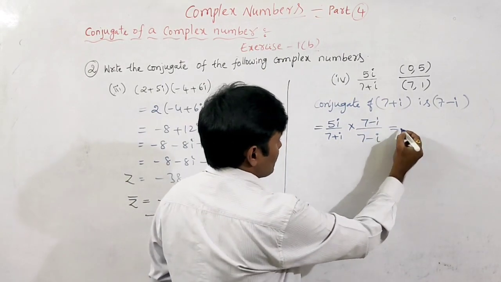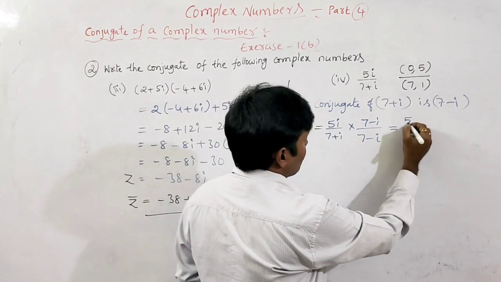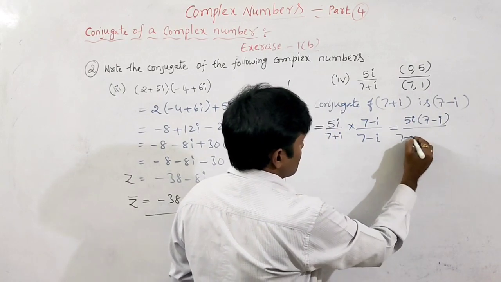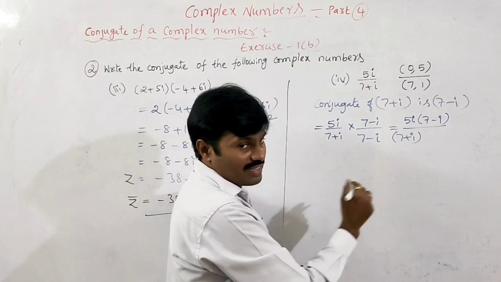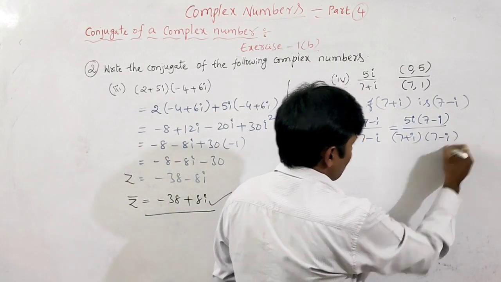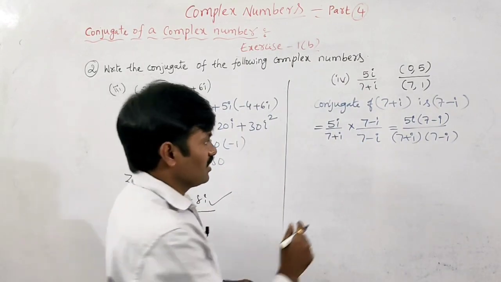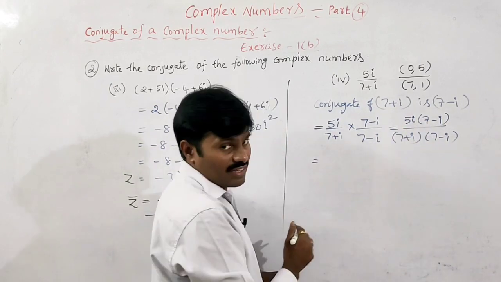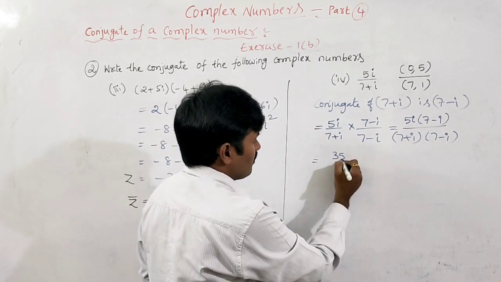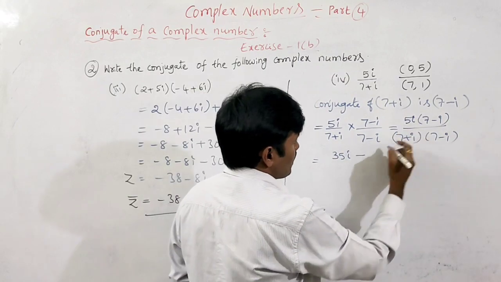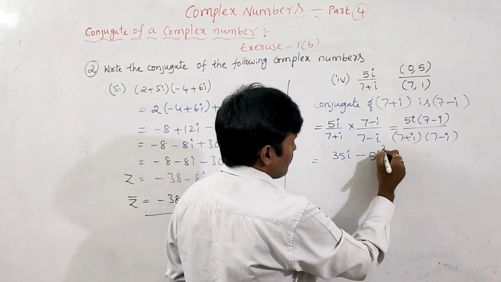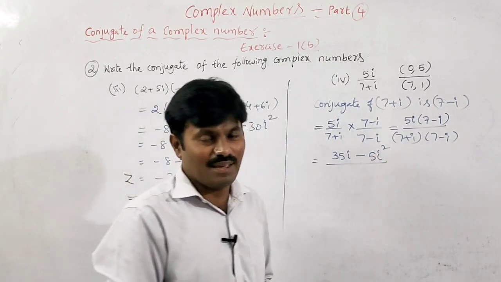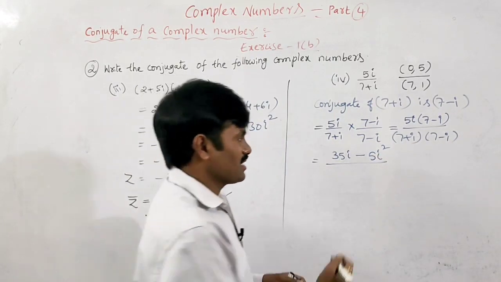Then it can be written as numerator into numerator, 5i into 7 minus i, whole by 7 plus i into 7 minus i. Clear? Now multiply 5i into 7 minus i: 5i into 7 is 35i, minus 5i square, whole by (7 plus i)(7 minus i). (a plus b)(a minus b) is a square minus b square.